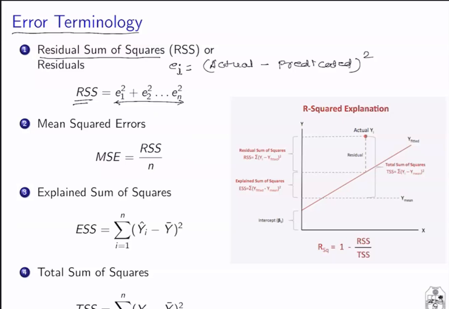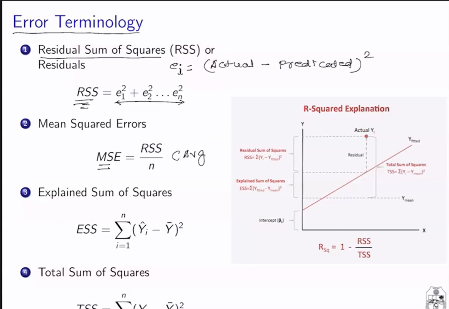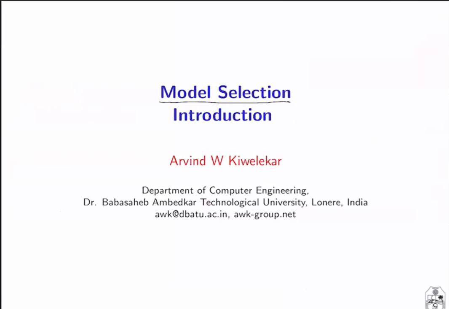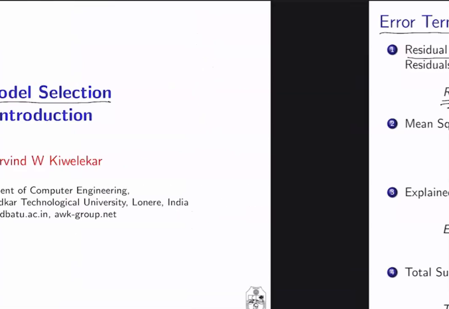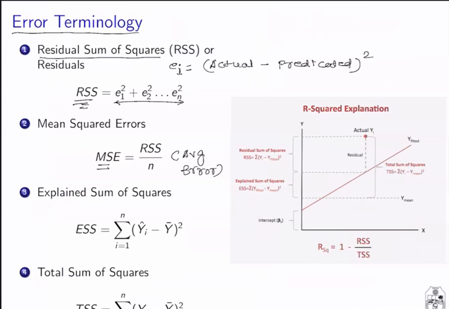And when we take the average of this RSS, we get the mean square error. Mean square error is the ratio of RSS to n, or the average error. So this is the definition of the mean square error.